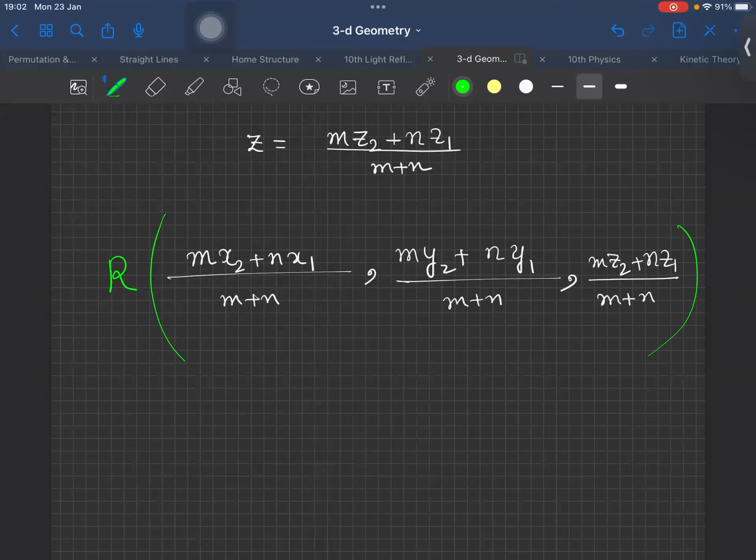We don't have to study when the lines are divided externally, so we are not going to do that. Hopefully this formula is really clear to you, and let's start solving problems.